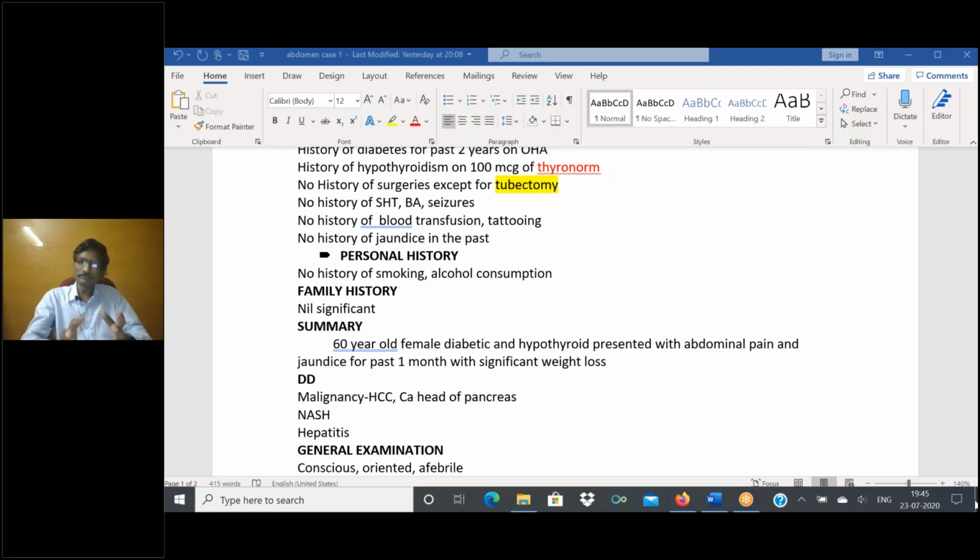Since the duration is not long, the safer way is to put acute or subacute hepatitis, or possibly chronic. But I think I can stick to acute or subacute hepatitis as a better differential diagnosis, because in subacute hepatitis, everything is going to come in there. You can tell that the history is suggestive of acute to subacute hepatitis.